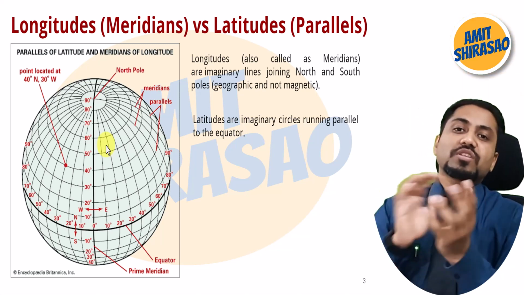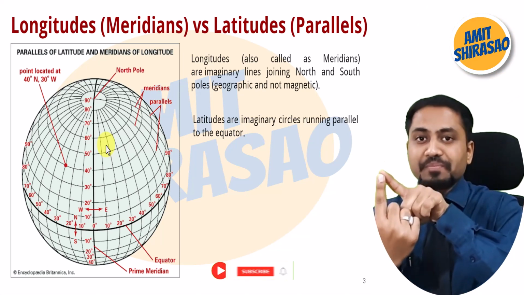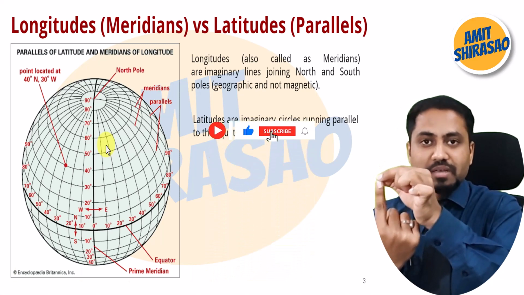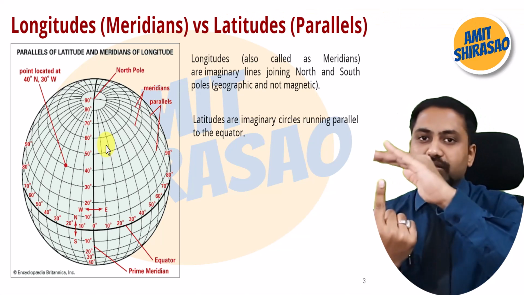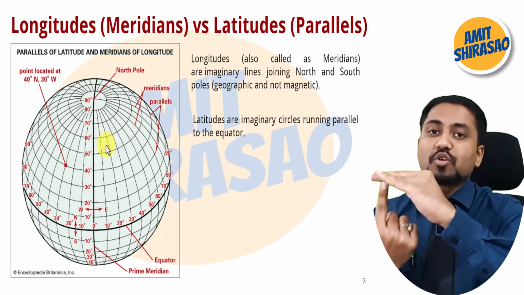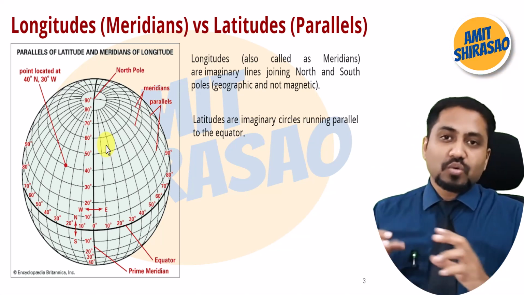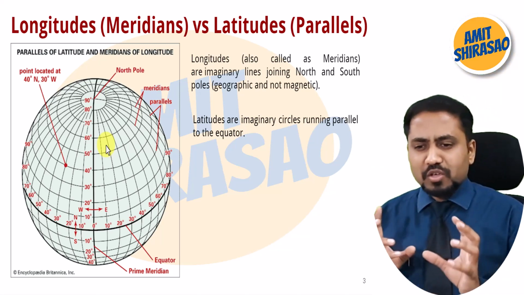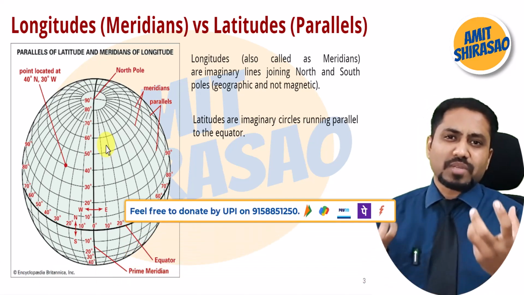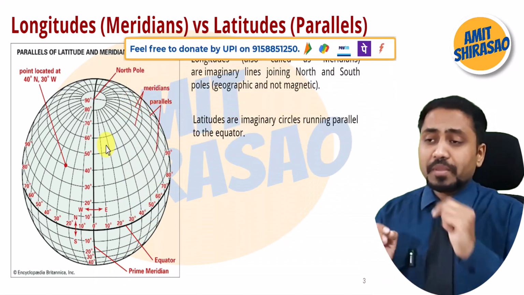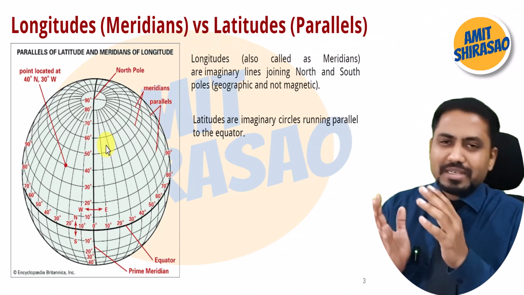Why? Because it is based on the geography. Earth is rotating, so as per that rotation, whatever point is coming, which is the intersection of the axis and the surface of the Earth, that is called the north pole and the south pole. So geographical north and geographical south. But the magnetic field of the Earth is due to all that molten magma, all that lava, which is actually molten metal, rotating at the center of the Earth, and it is having a little tilt.